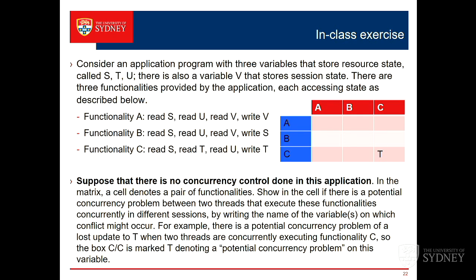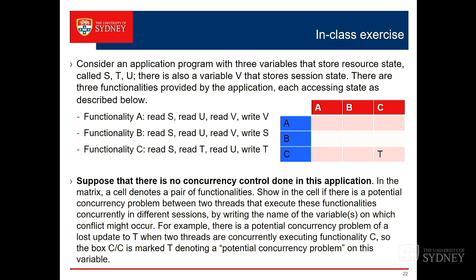Can they interfere with each other and on what variable? They have a conflict on S, because it's possible that A has read S and then is going to do something else, and meantime B has changed S. So A and B have a conflict on S.